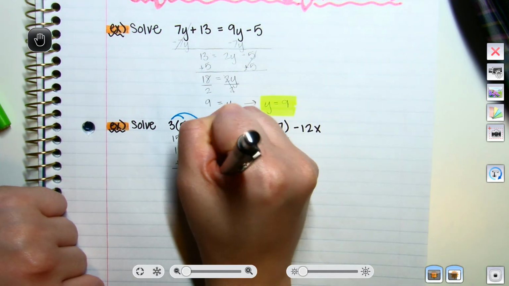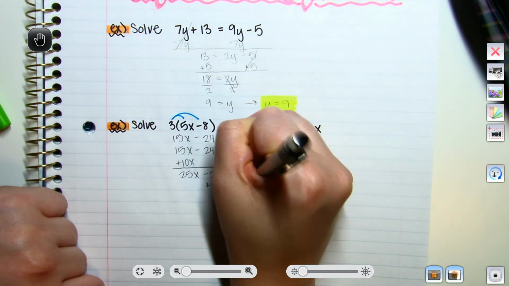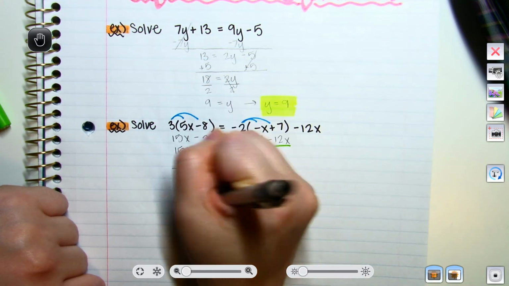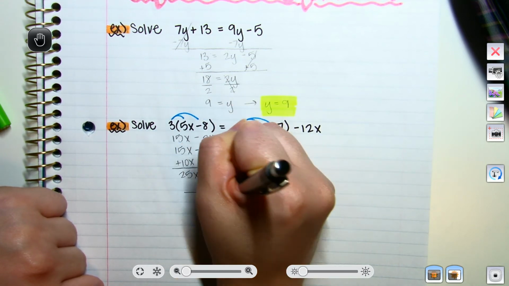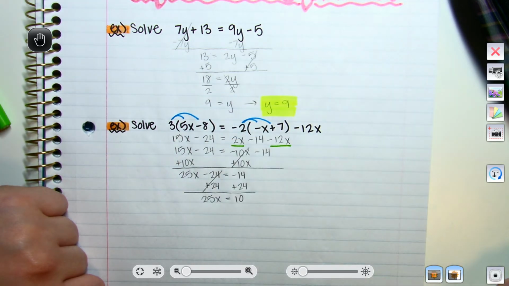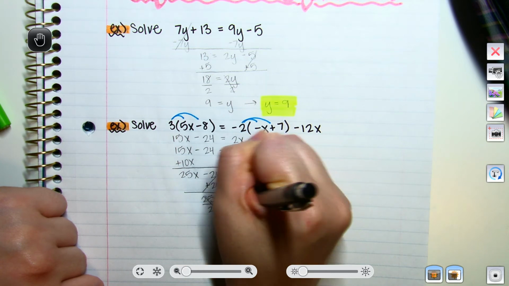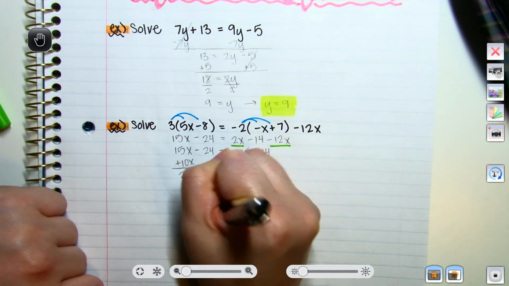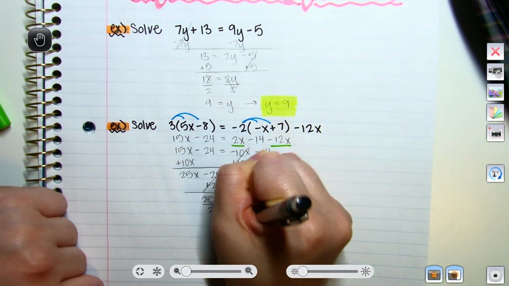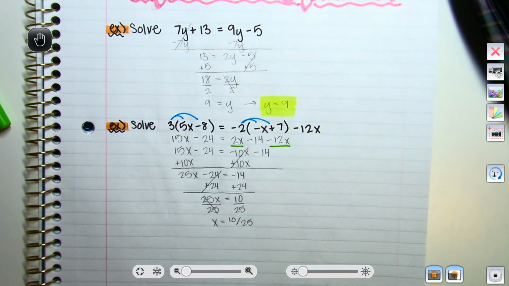Add 24 to both sides. And I get 25x equals 10. Last step, divide both sides by 25. And I get x equals 10 over 25. But that can be simplified. Those have something in common.